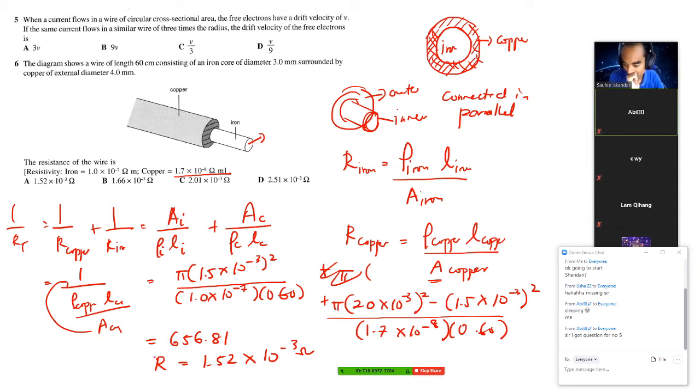Why? This is 1 over R, so you have to flip back, and you have 1.52 times 10 power negative 3 ohm. Okay, so the answer will be A.